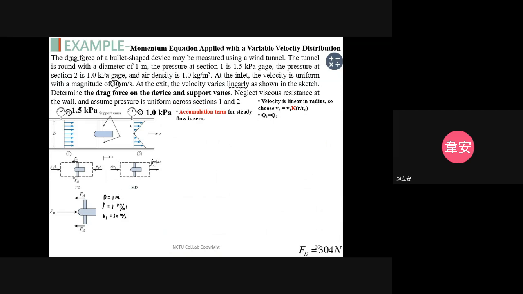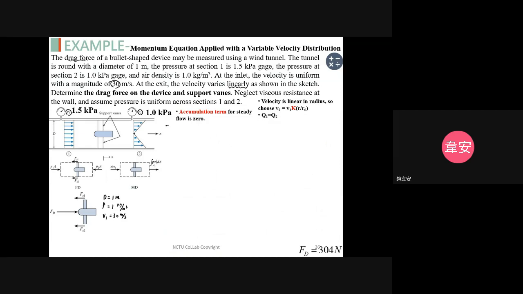Okay, so these are the problems. The left-hand side, the velocity flow is uniform, but the right-hand side is non-uniform. And for this problem, we assume the flow is steady flow, so the momentum accumulation term is equal to 0. So we go back to write down the momentum equation, and the accumulation of momentum is 0.